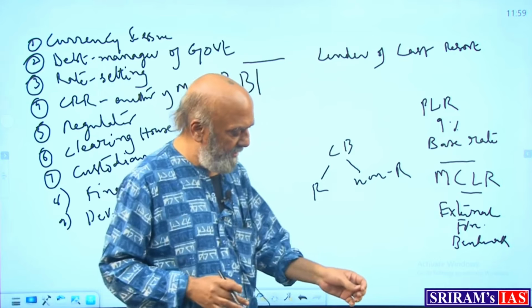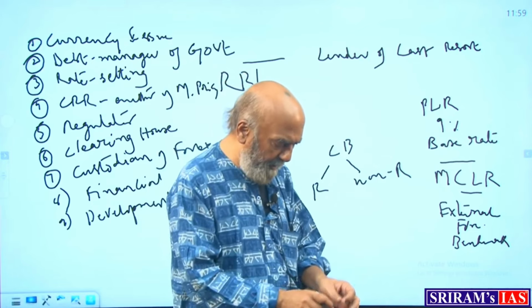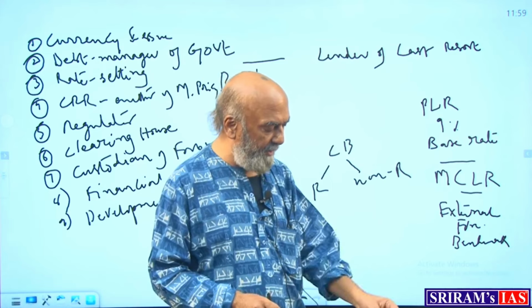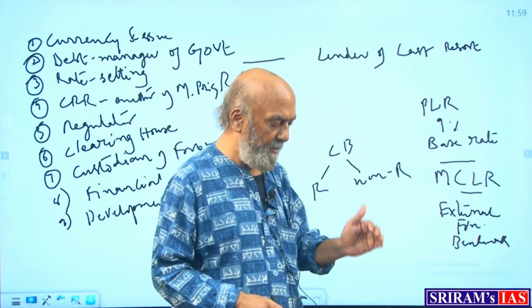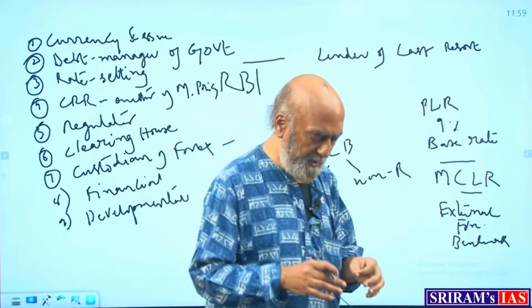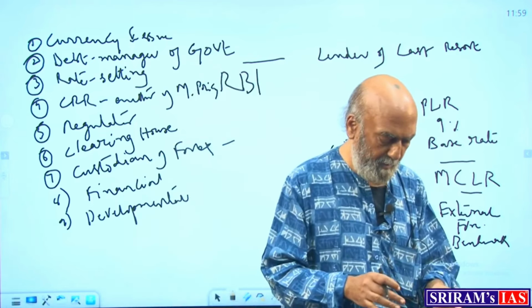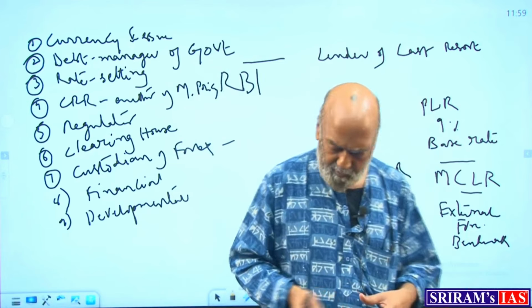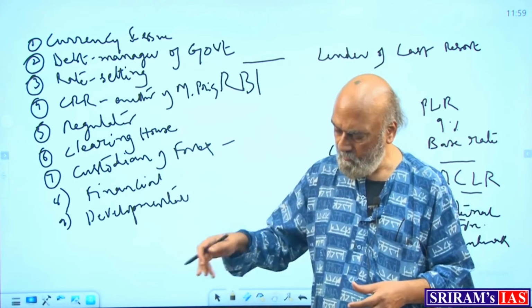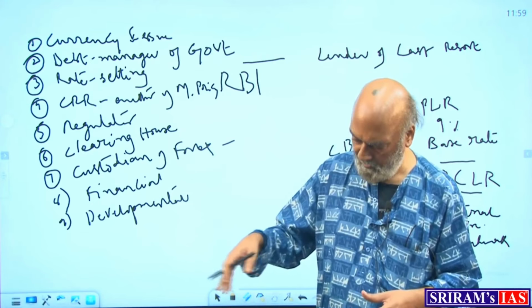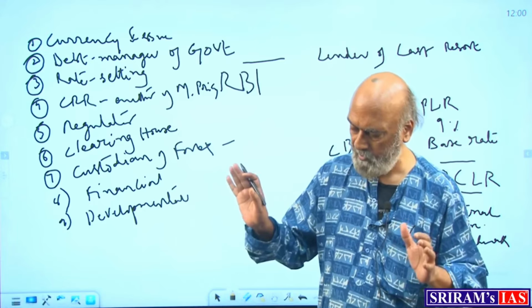Charge me the 6-month government treasury bill. How much is it attracting? You charge me that. Not more, not less. Is it not? I've sold the 6-month treasury bill to you and I've borrowed money. How much am I paying? 7%. So whoever is borrowing for 6 months will have to pay a rate of 7%.